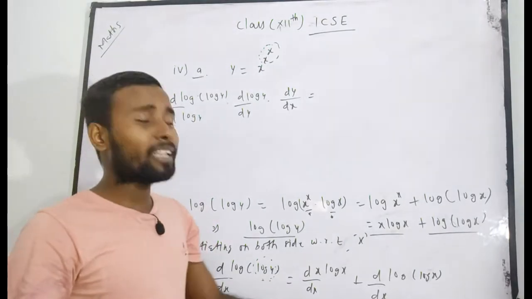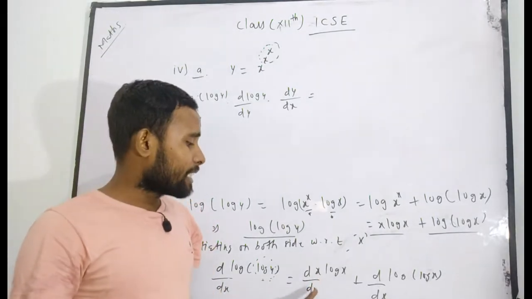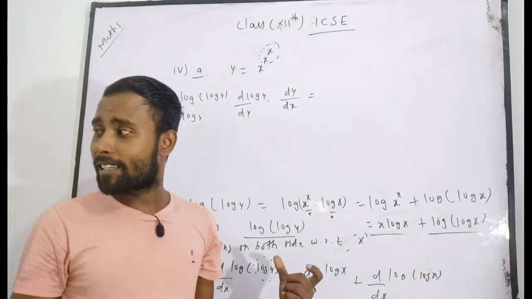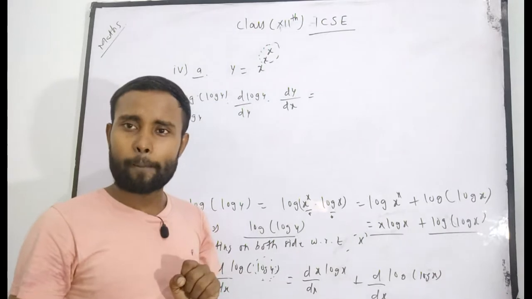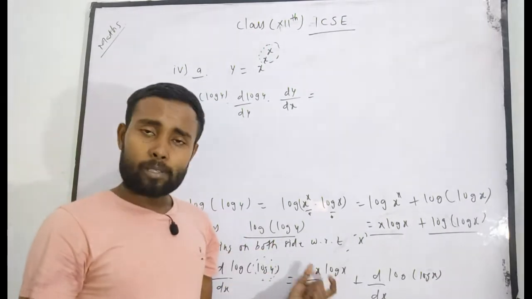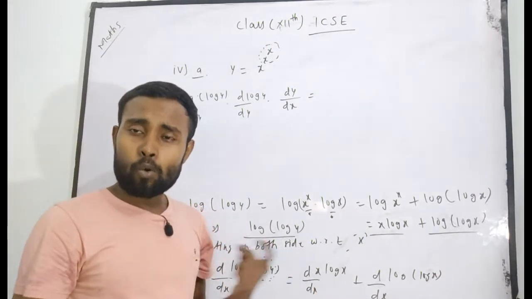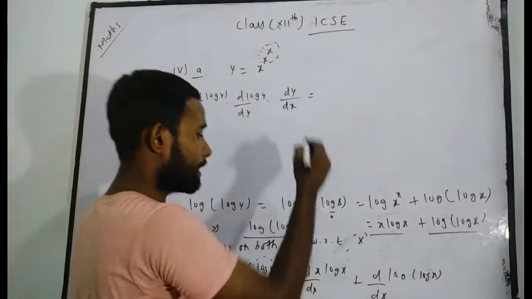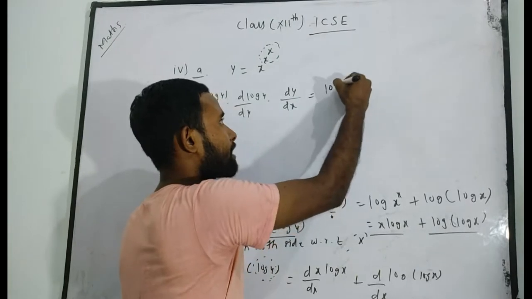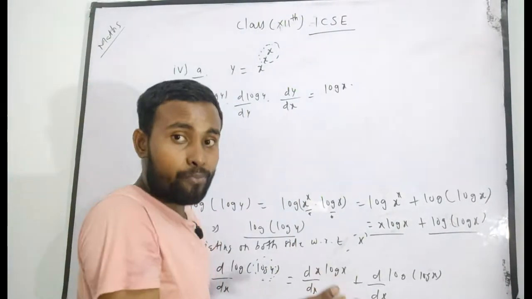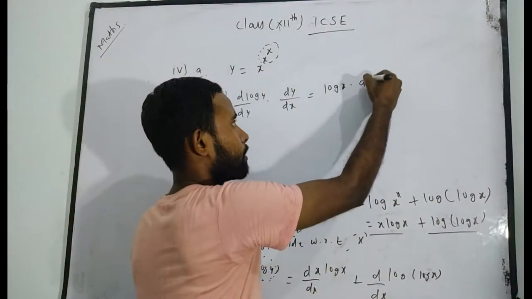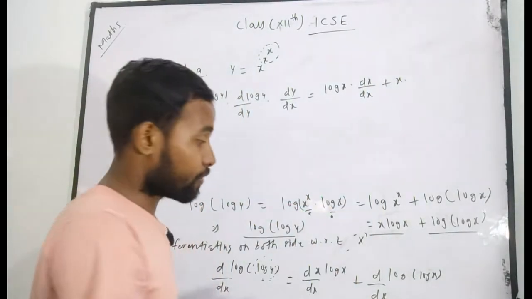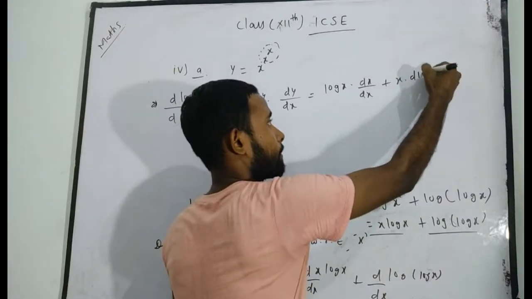Now you have to differentiate the RHS. As you know, you have to differentiate x into log x. It is just a product of two functions. So using the product rule of derivatives, first of all we take log x out and differentiate the first term with respect to x, plus again take x out and differentiate log x with respect to x.